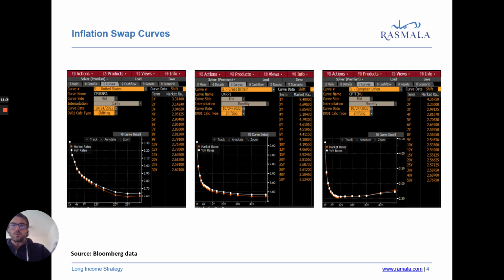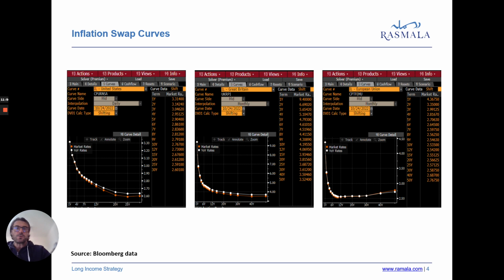When I was calculating the real yield, I used the 10-year, which I compared to the US Treasury yield, the gilts, and the German bonds. As you can see, already within a year in the US, the market is pricing an inflation of 3%.